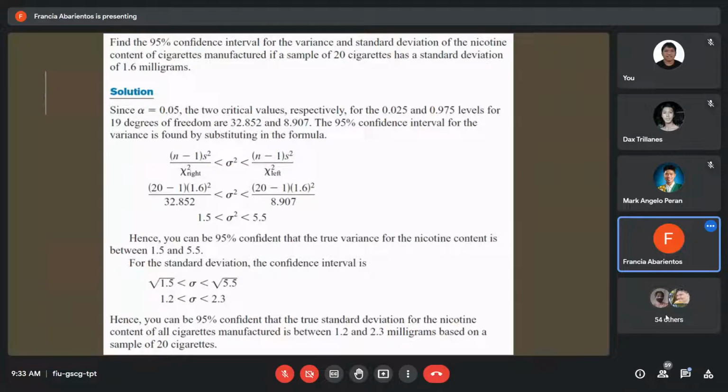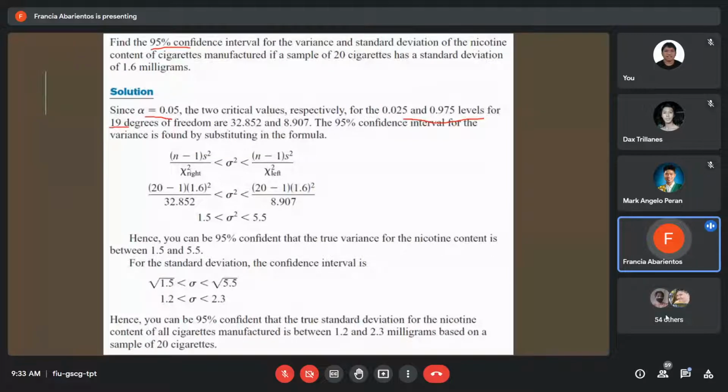Yes, our alpha. This 95 is given above. Okay, for the 0.025 and 0.975 levels. Why two? Because we are asked to find the 95% of that. And the degrees of freedom is n minus 1, that is now 19.